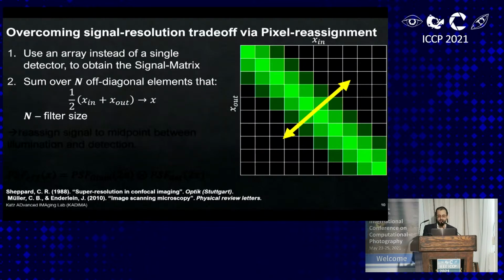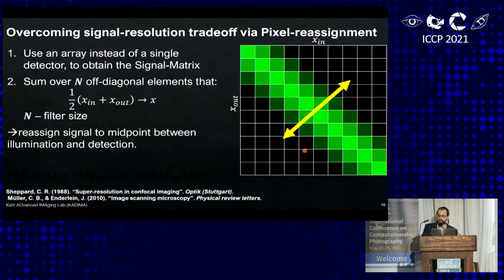And this anti-diagonal summation is actually reassigning every detected signal to the midpoint between illumination and detection points, and hence pixel reassignment. The effective PSF of pixel reassignment is a bit different, it is a convolution between illumination and detection PSFs, rescaled by a factor of half.